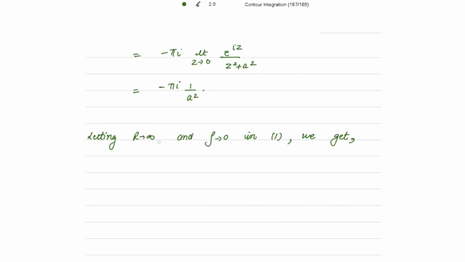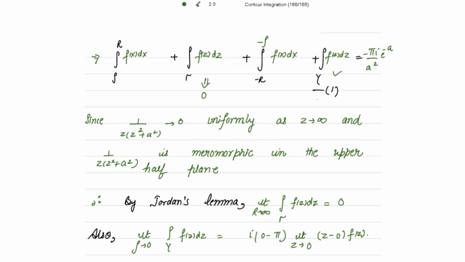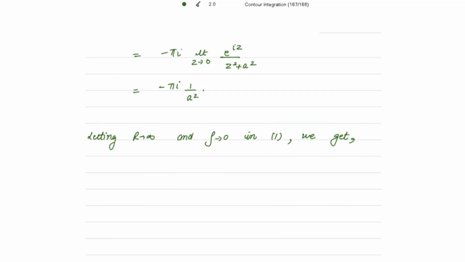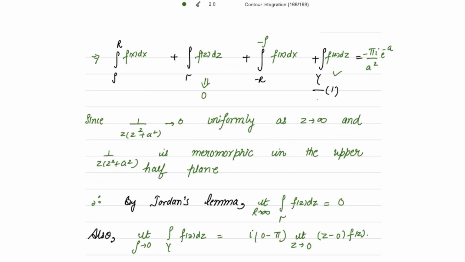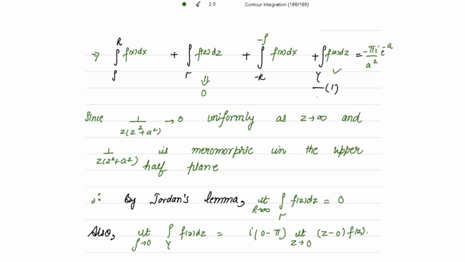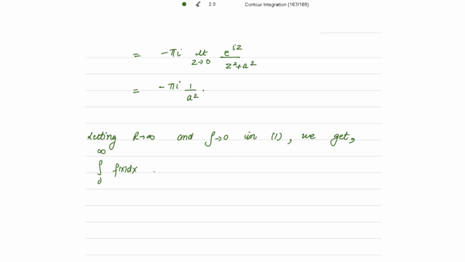So letting r tending to infinity and rho tending to 0 in 1, we get, for rho 0 and r infinity, the first integral will be from 0 to infinity of f of x dx, and then the third one is negative infinity to negative 0, and negative 0 is simply 0.